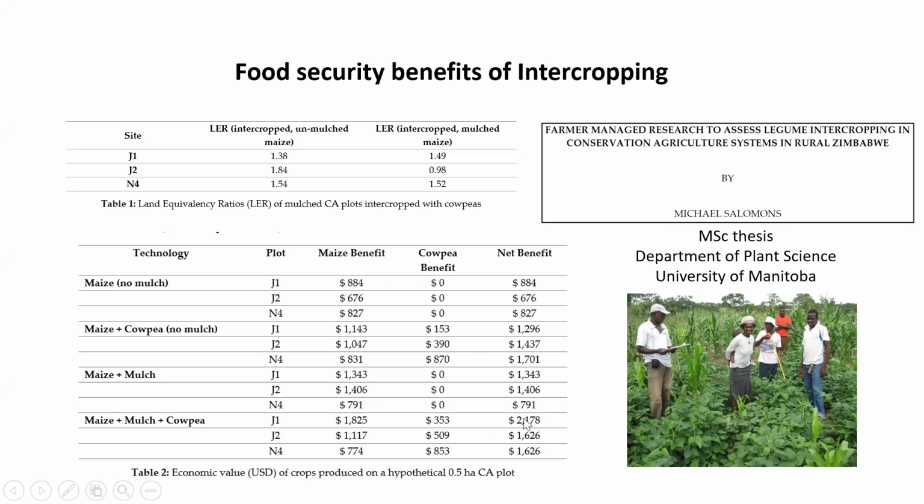So the net benefit is greater where we're mulching and adding the legume intercrop. The lowest income was where we grew maize with no mulch, so maize without any of the conservation agriculture principles. And when mulch alone was added, there was a benefit which was quite important.